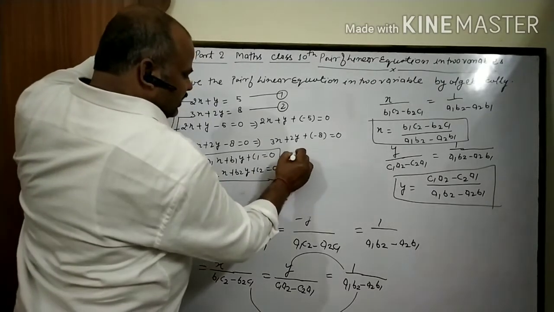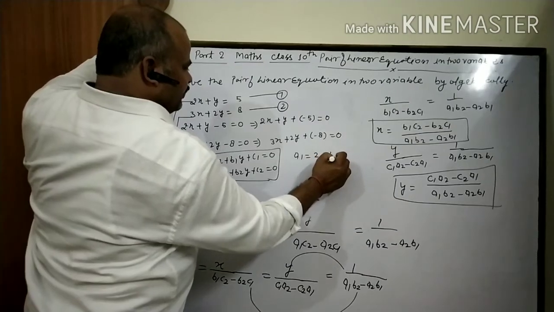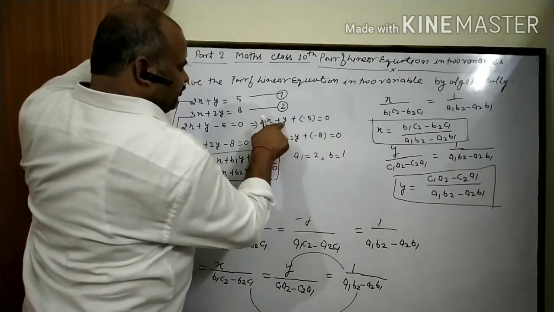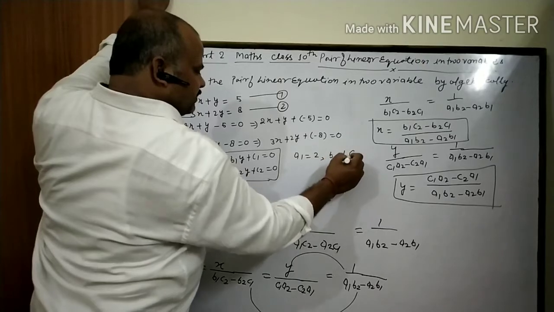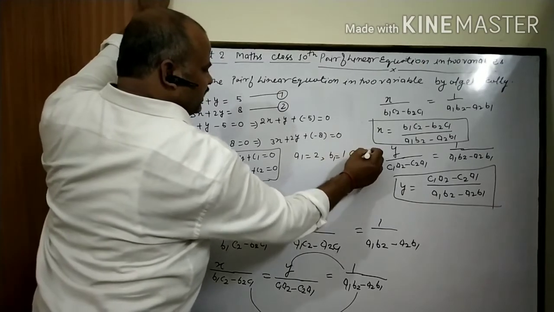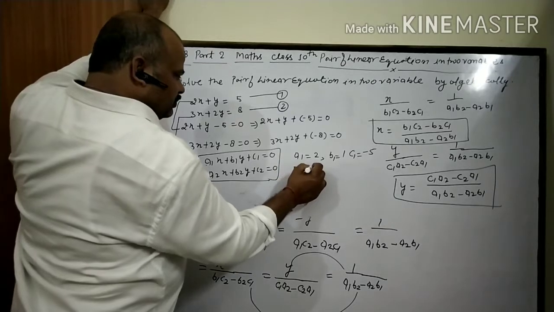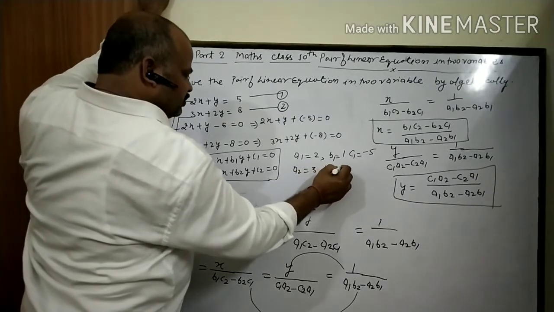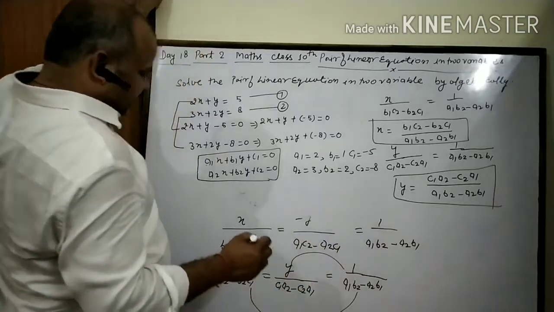Then you get a1 is equal to 2, b1 is equal to the coefficient of y, which is 1, and c1 is equal to minus 5. Clear? a2 is equal to 3, b2 is equal to 2 and c2 is equal to minus 8.